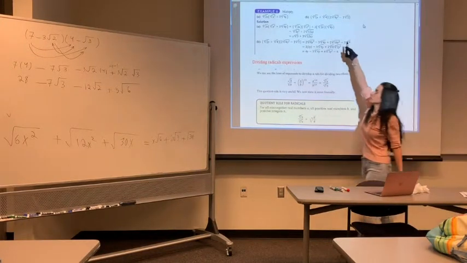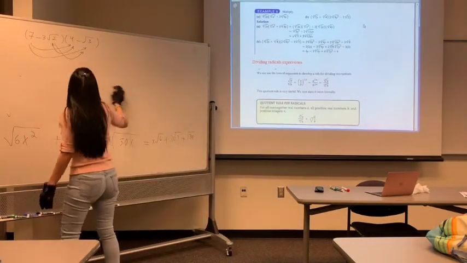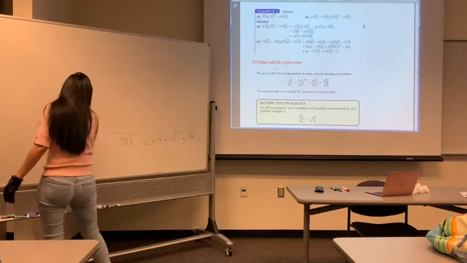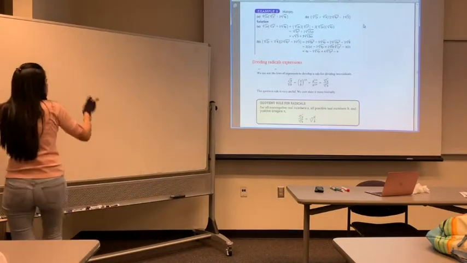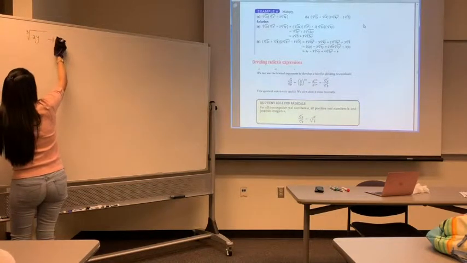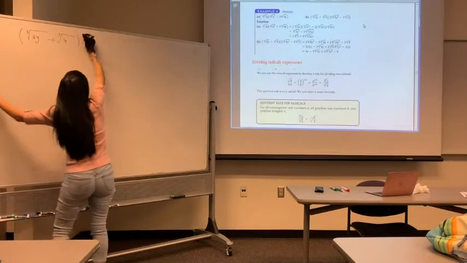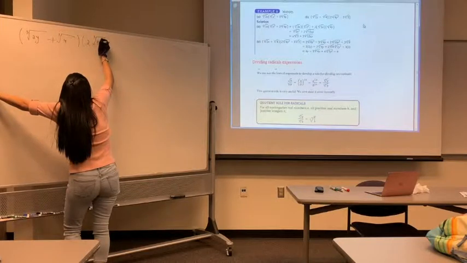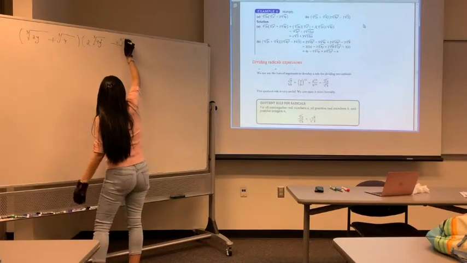Let's solve this. Radical index is 2, y plus radical index is 3, 4, multiplies to 2 radical, index is 3, another index 3.